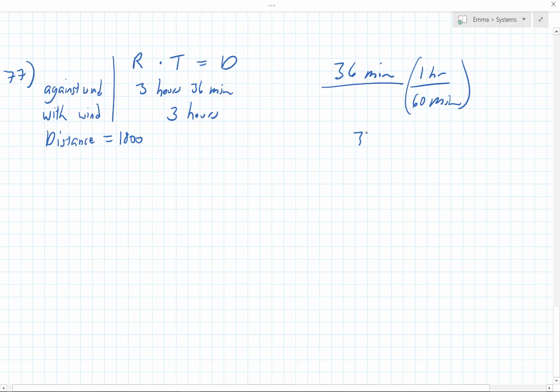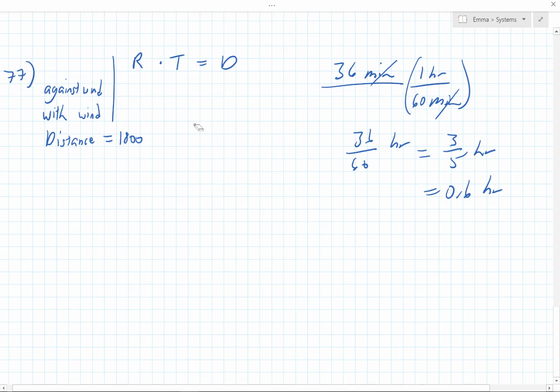That's 36/60ths of an hour, which reduces down to 3/5 of an hour, which thankfully is 0.6. So 0.6 hours. And so 3 hours and 36 minutes is going to be 3.6 hours for against the wind, and with the wind they said it was 3 hours.